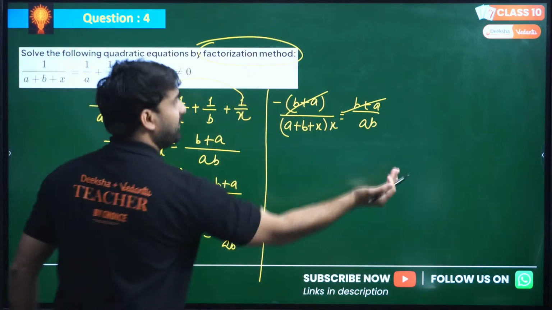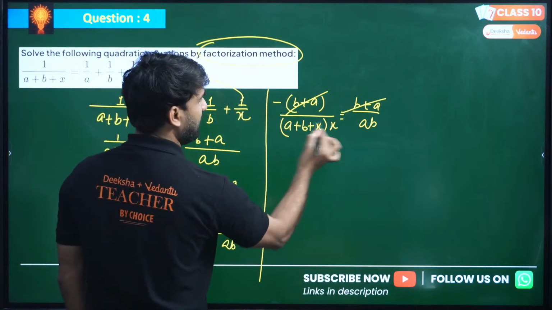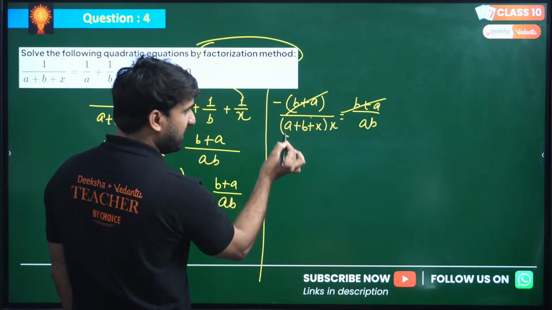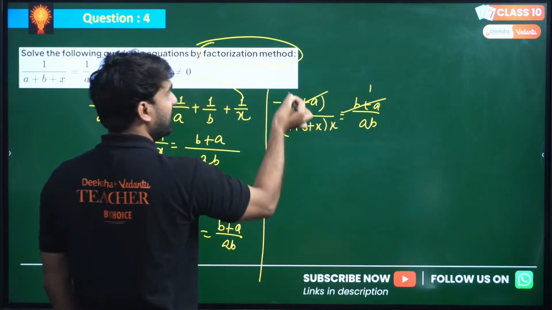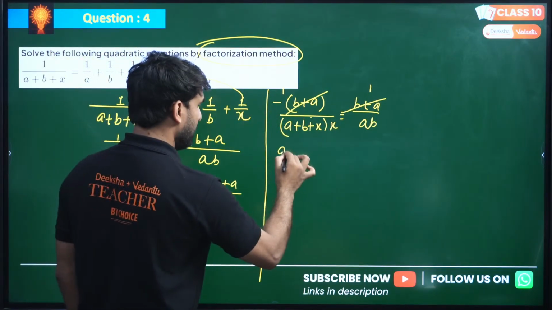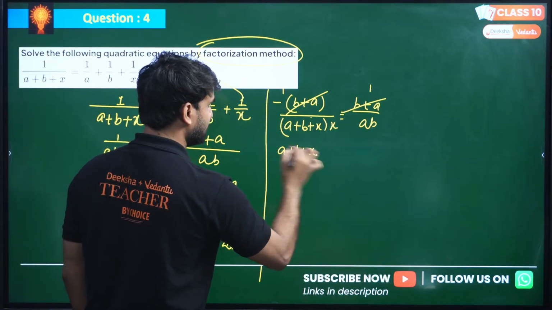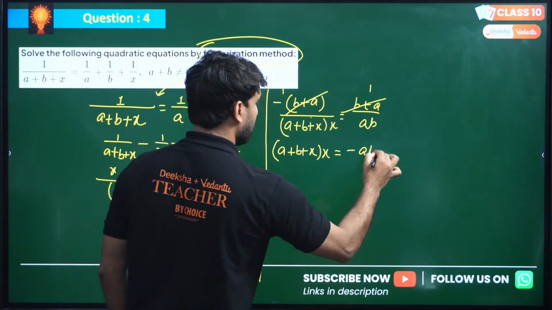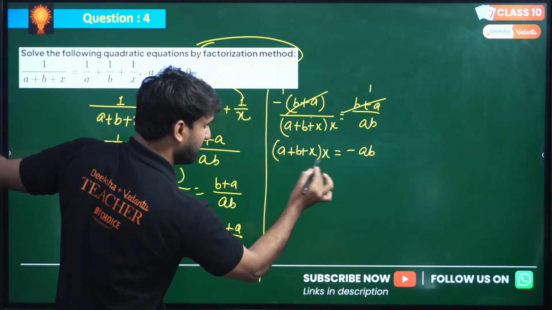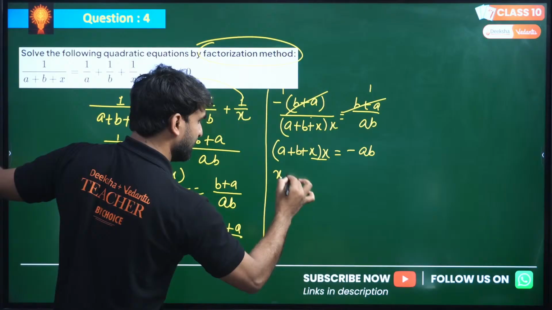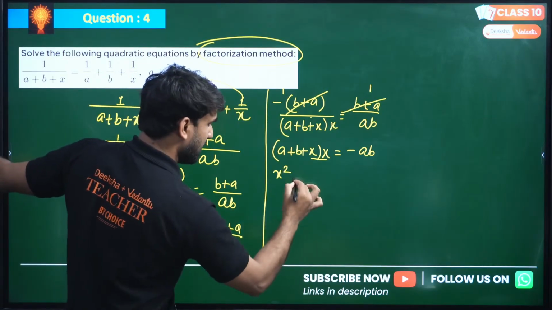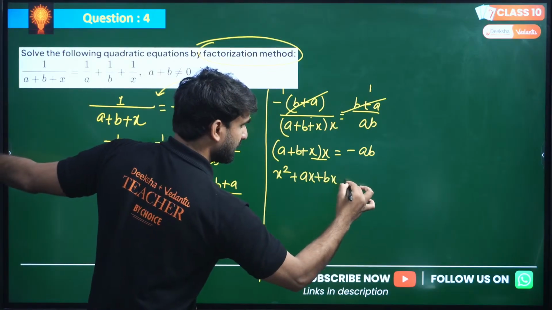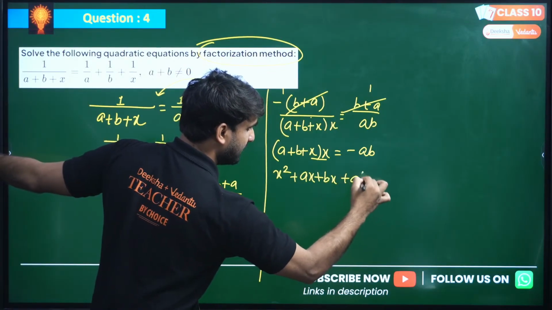Now we can cross multiply. So ab into minus 1 will be there, and a plus b plus x into 1 is here. So a plus b plus x into x equals minus ab. Now open the bracket: x into x is x square, plus ax plus bx, and minus ab comes to this side.